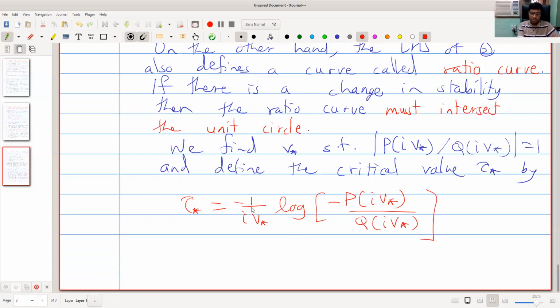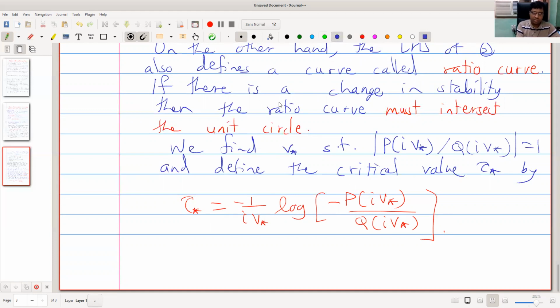Okay, so this minus 1 upon i is same as i. So this will be the required critical value.